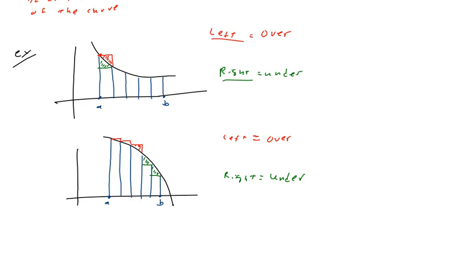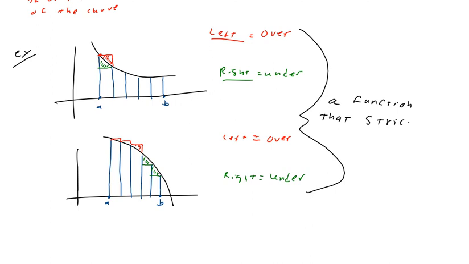So both of these functions are decreasing functions. So this is the situation anytime you have a function that strictly decreases: the left side will always be overestimating and the right side will always be under.